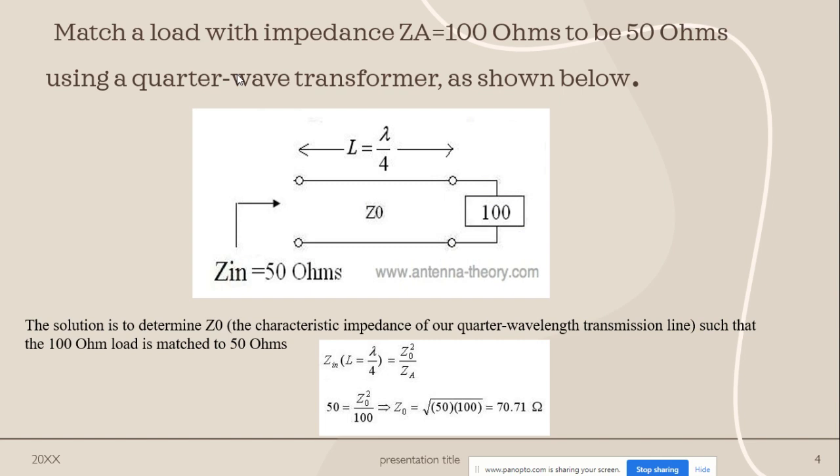So 50 equals Z0 square by 100. So Z0 I can find as root of 50 into 100. 100 is your load impedance and 50 is the input impedance of the quarter wave transmission line. Now I have to find the characteristic impedance of the quarter wave transmission line, and that is 70.71.